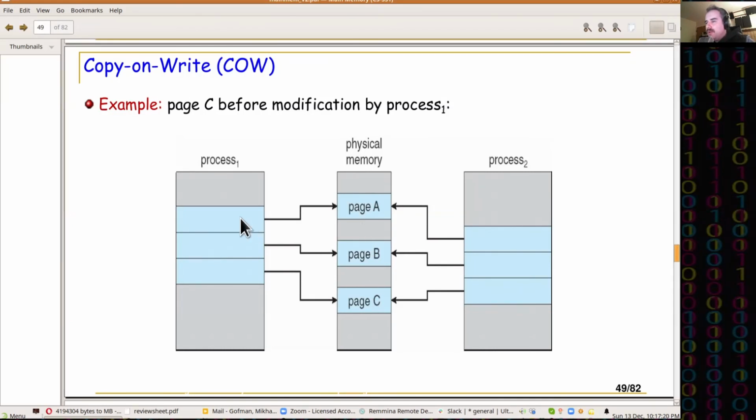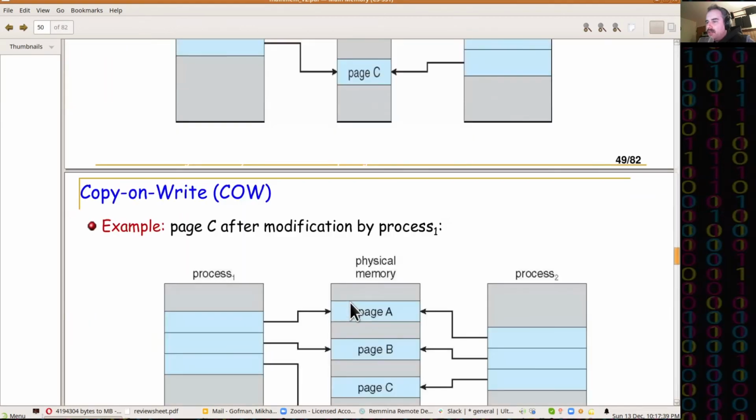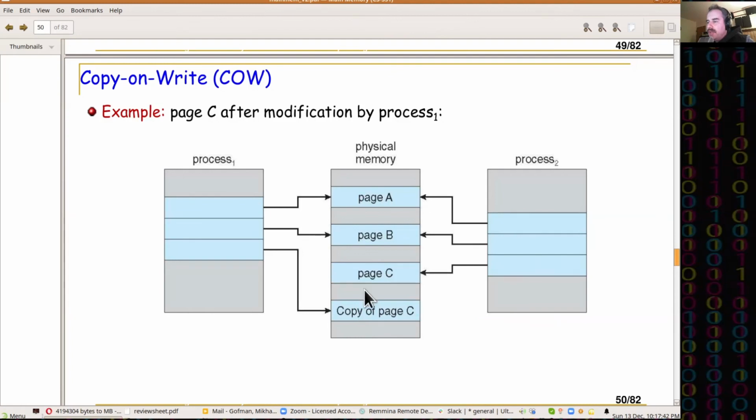So the parent forks the child, and initially, until their memories start to diverge, the parent and the child will share the same set of physical frames. Only when one of the processes modifies a physical frame, only then will a new physical frame be allocated, the contents of the original frame will be copied into it, and the process will be allowed to make changes to it.